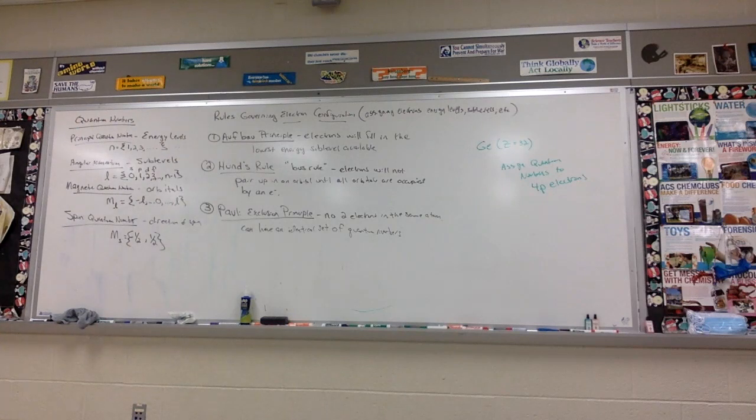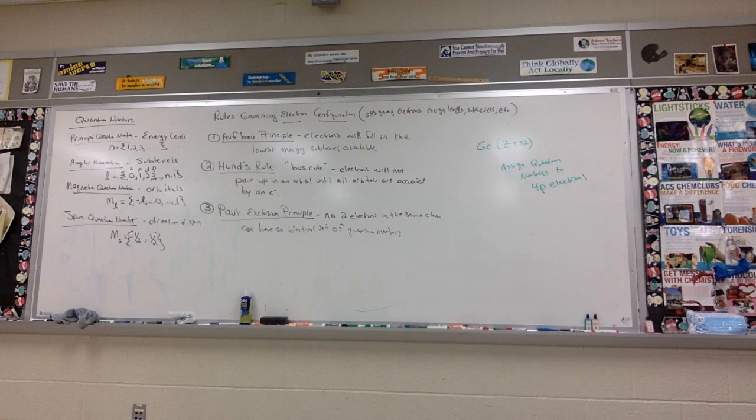So what that means is you could have two electrons that are in the same energy level. They could be in the same sublevel. They could be even in the same orbital, but what would have to be different about them?